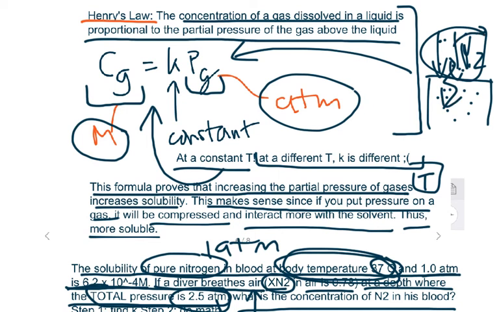Since N2 is very insoluble in water because it's nonpolar, but does dissolve a little, we can assume that the amount dissolved will be the maximum amount, since there's an excess of N2. We tried to dissolve more N2 since we had more, but it didn't want to.